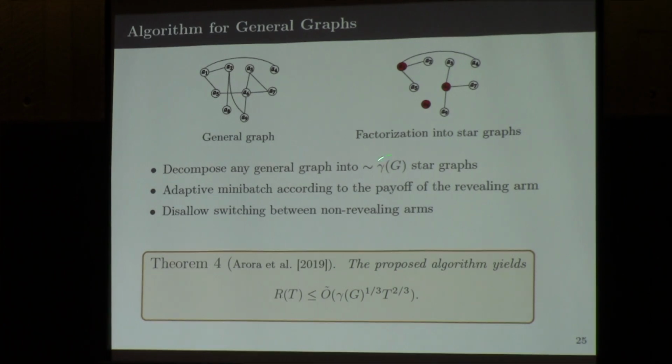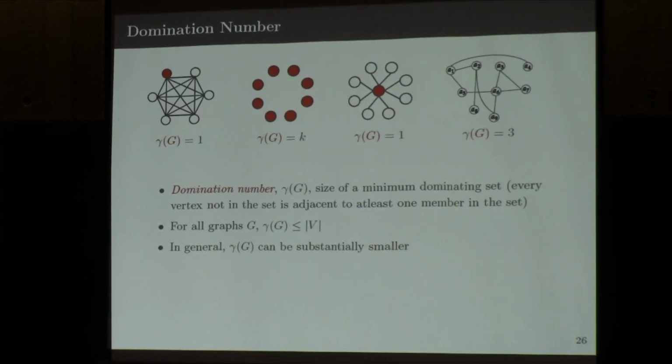So the domination number of a graph plays a fundamental role here. What we can show is that this adaptive mini-batching strategy yields a regret bound which depends on the domination number of the graph to the power 1/3, times T to the 2/3. Note that this can be much smaller than the number of actions.